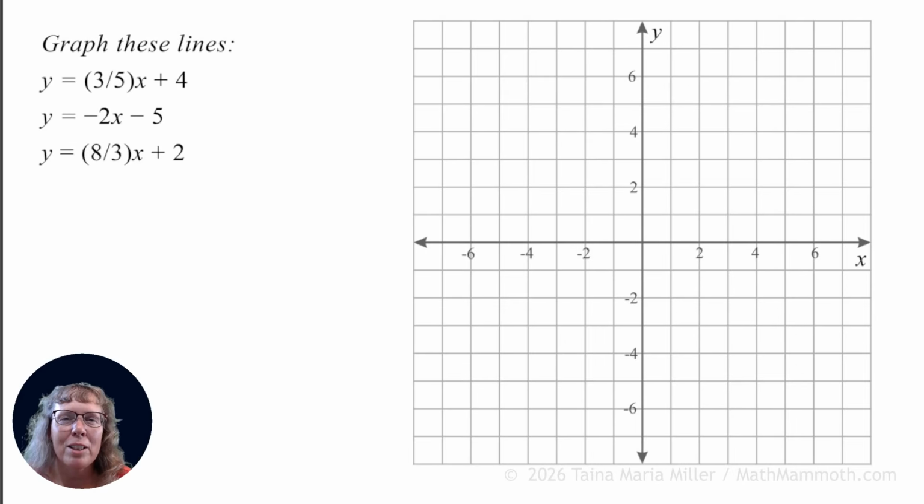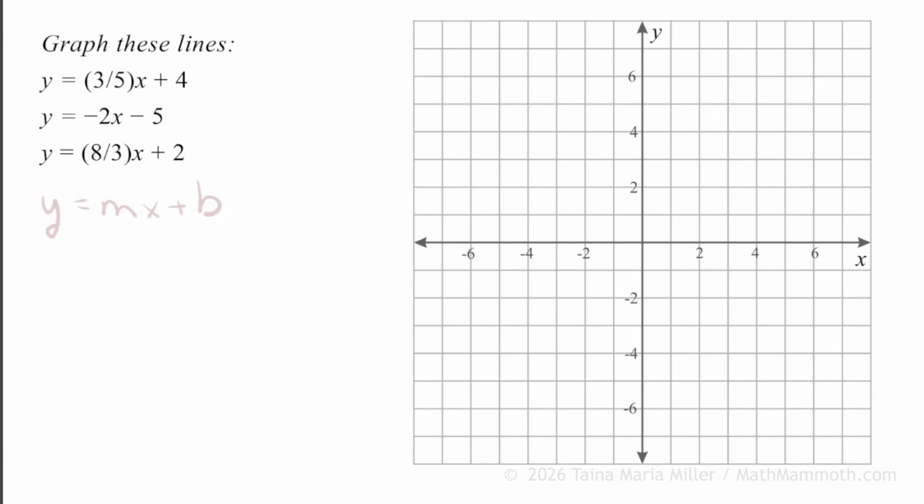Alright, now we're gonna use this knowledge to graph these lines. This knowledge that y equals mx plus b, that the b is the y-intercept and m is the slope. Each one of these lines is in this format, where we have y equals some number times x plus some number.